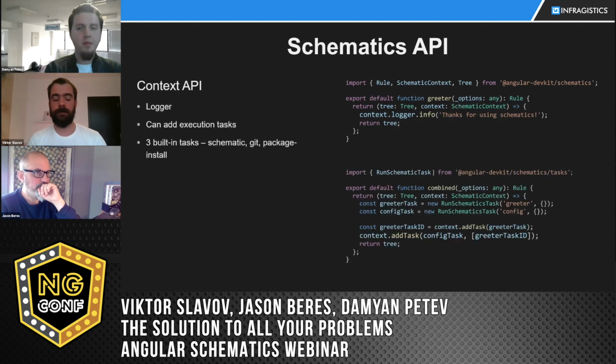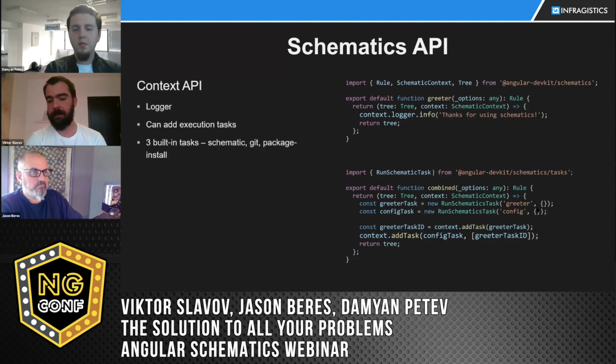And we'll also be using it to execute tasks. As said, there's a robust API that allows you to define and chain tasks. And we'll be using this one, run schematic task, which runs a schematic from the current collection. We have the greeter and config tasks already configured in the collection. And finally, we have the options object, which we can pass to the schematics running.